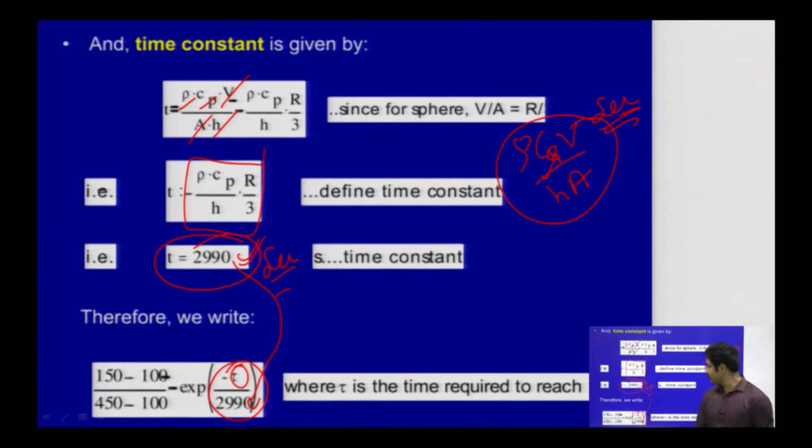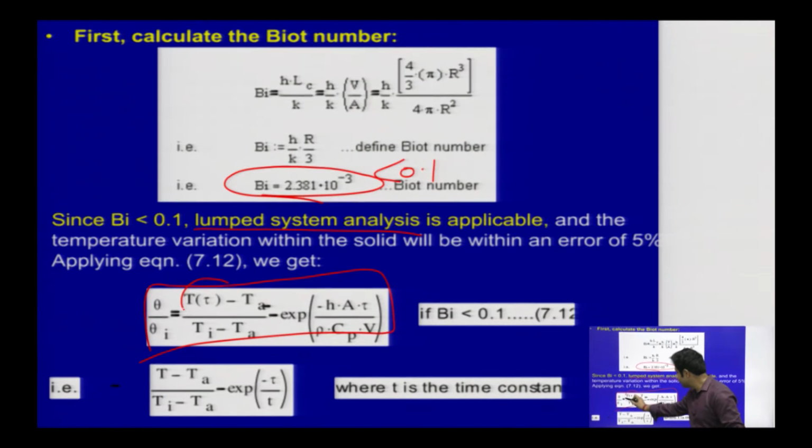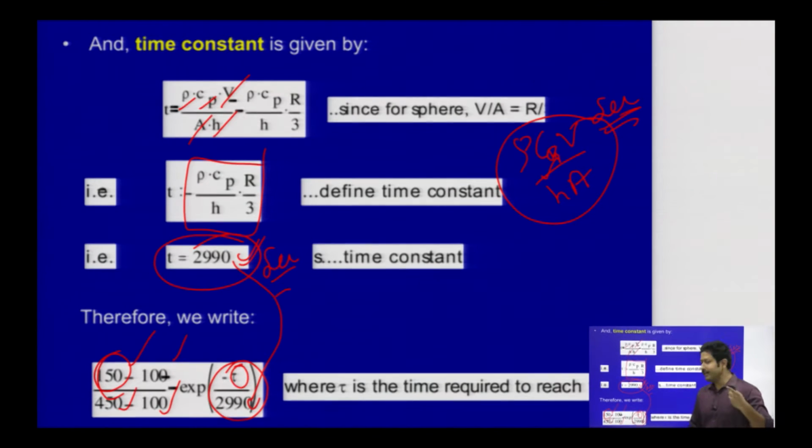How will you do this? Everything is given: 150, 100, 450, 100, because we need to calculate the time for reaching 150 degrees Celsius. So T of tau will be 150 degrees Celsius, the temperature at any time. We need to calculate the time for some temperature, and that temperature is 150 degrees Celsius.